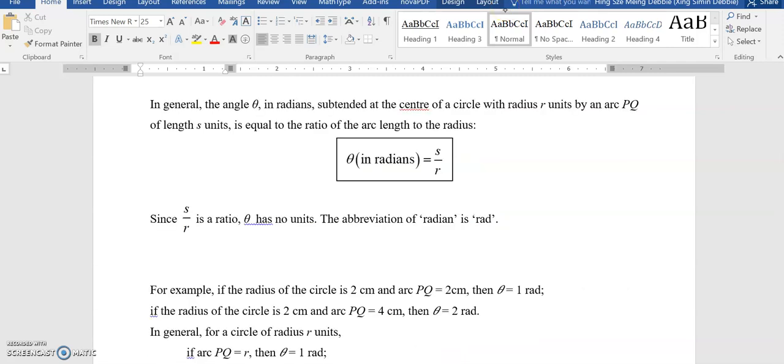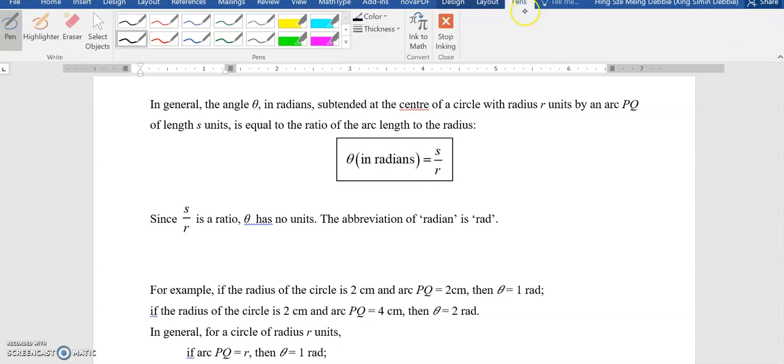Because the angle at the center in radians, represented by theta, is the arc length over the radius, if I don't have an arc but instead have the full circle, the arc length is 2 pi r, the circumference.